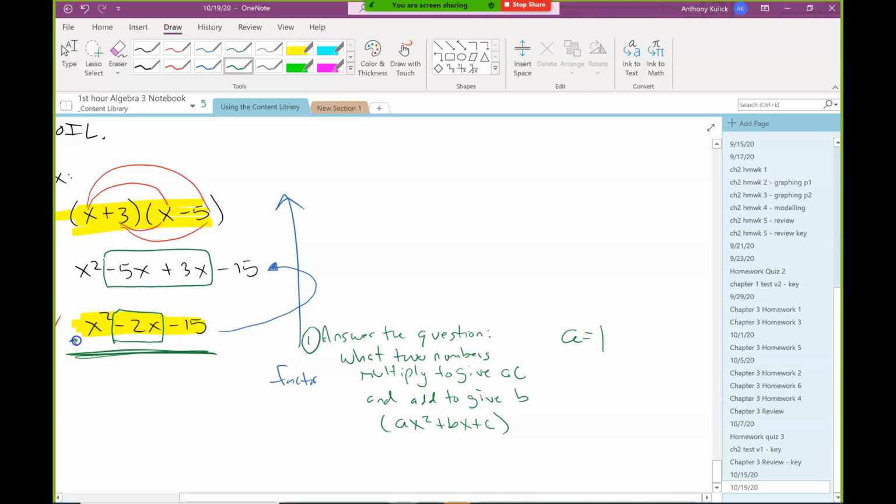Remember, there's always a 1 in front of any variable if there's no number already written there. What's our value for B? Careful. Negative 2. Very good. And our value for C is negative 15. Everybody okay with that?